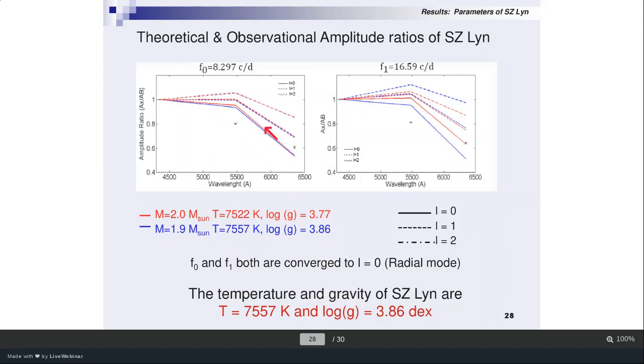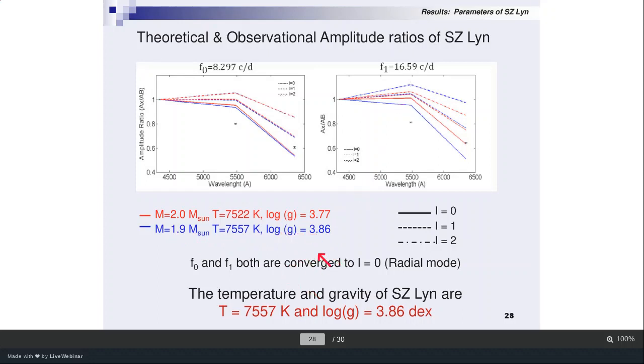Of course, I did chi-square minimization, otherwise it is very difficult to say that. When you do the chi-square minimization of these three observations with the theoretical line, you can say which one is closer. In this case, this model is more appropriate.